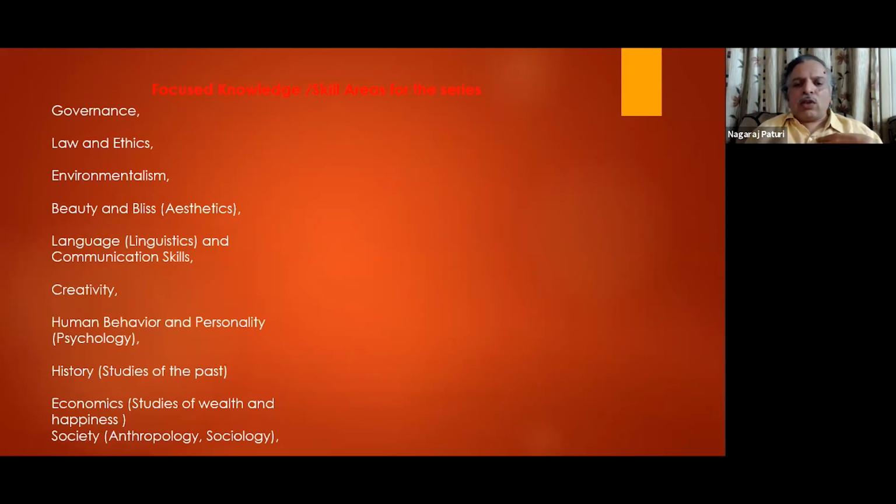These series of talks, and even the whole endeavor later to these talks, is meant to bring that kind of analysis. When we do governance analysis, we are not limiting ourselves to the analysis of governance from Arthashastra alone, or from an Itihasa like Ramayana or Mahabharata alone.